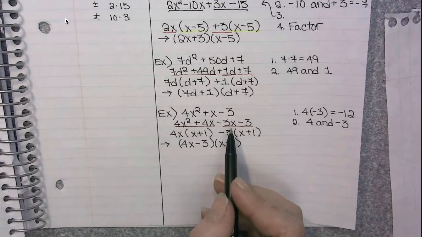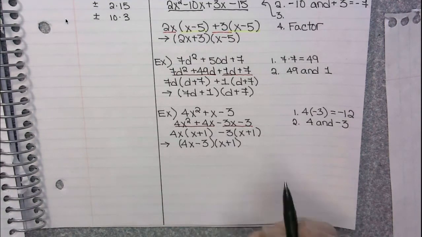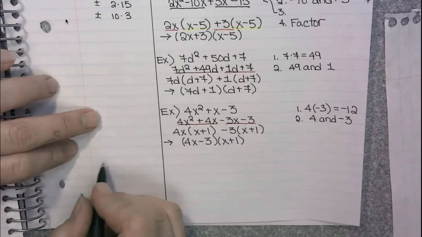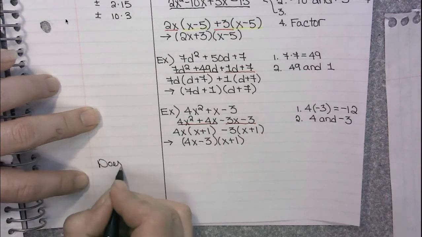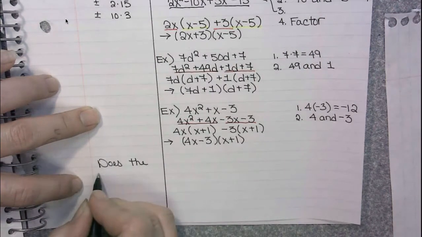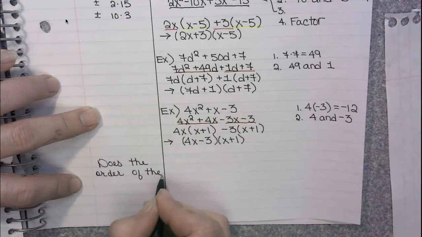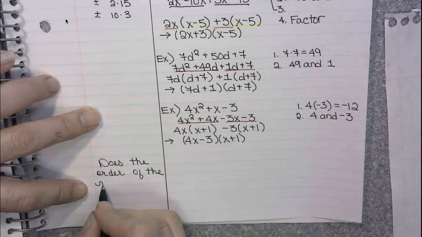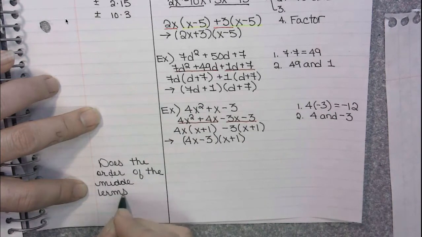So let's do this problem again, but I'm going to switch the 4 and the 3, and we're going to see if it makes a difference. So our question over here on the side could be, does the order of the middle terms matter?